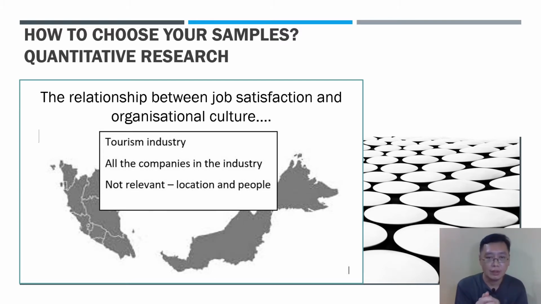Okay, so therefore you will not consider whether the state is big or small, whether the people is a lot or not, but focusing on the tourism companies. At the same time, you also may not focus a lot on whether these people are operational level staff, managerial, or senior management, because your focus is on people working in the tourism industry.